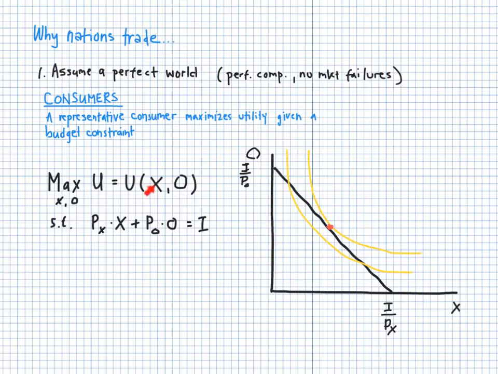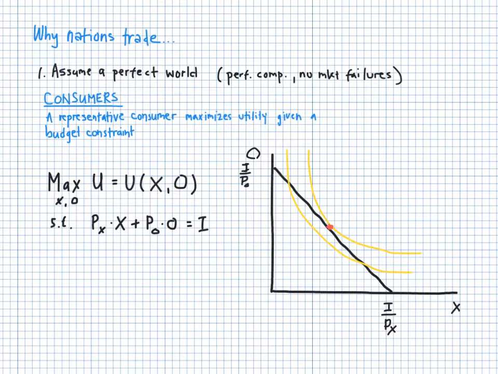The X good, which is the one we're going to be focusing on, and the O good, which represents all other goods. And this choice of what to do depends on the budget constraint. So how much money do you spend on the X good? How much money do you spend on the O good? And what is your income level?